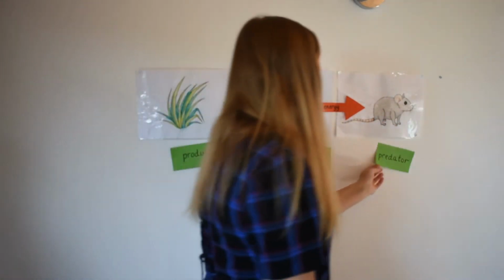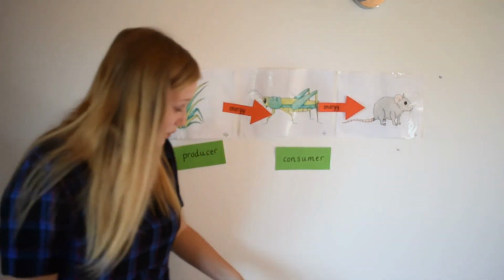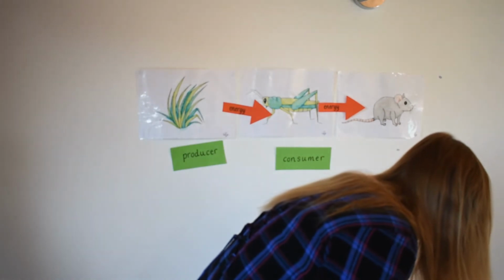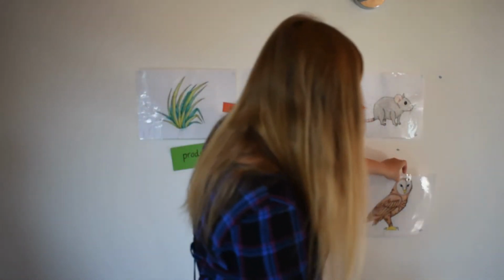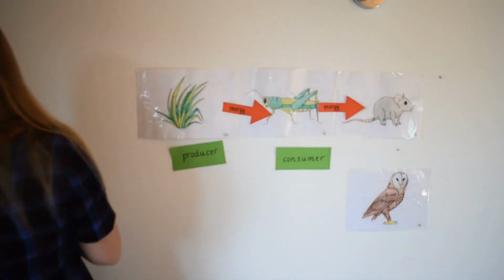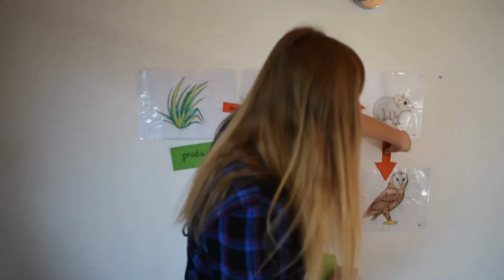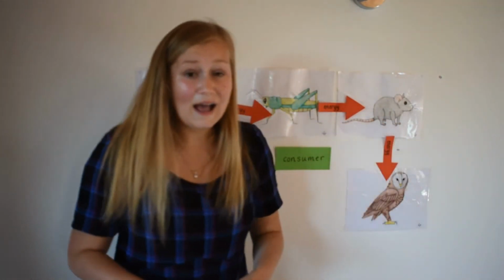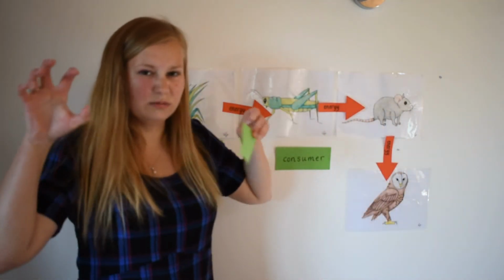And then something came along and ate the poor little mouse. It's a really big owl. Okay, and I'm just going to pop it down here so that you can see it. So the energy has now passed from the mouse to the owl. And that means that the owl is now our predator.